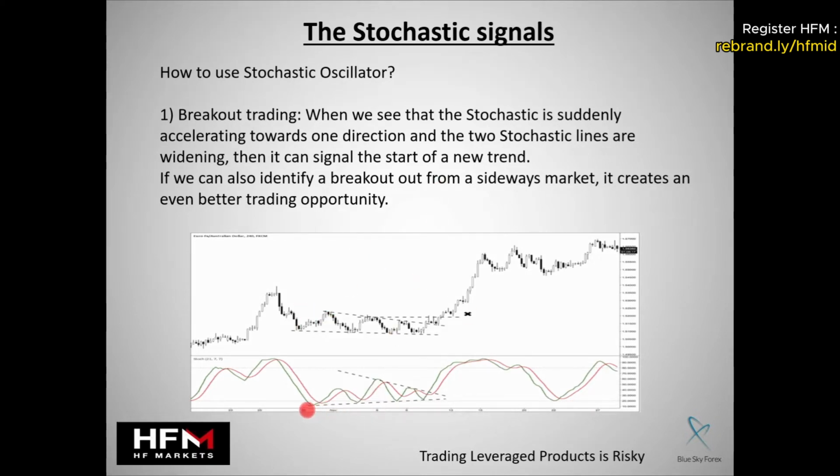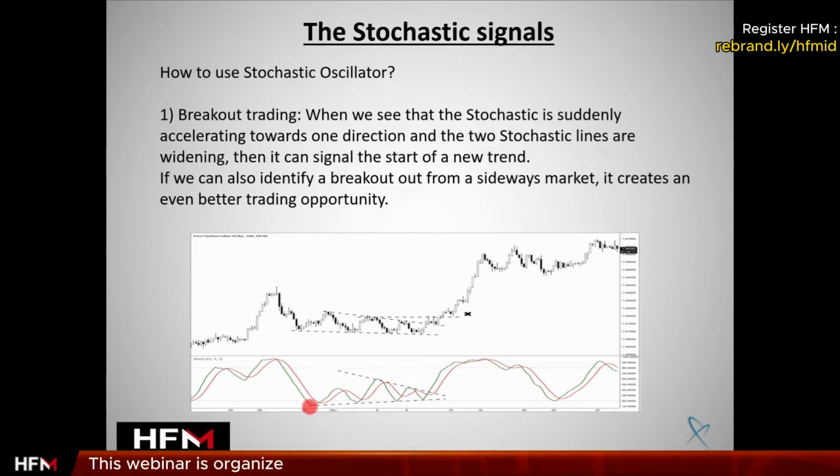So on the chart here, you have these trend lines drawn onto the stochastics oscillator and also onto the price chart. Now, by drawing these trend lines below the price and above the price, you will have this kind of a channel created between these trend lines.